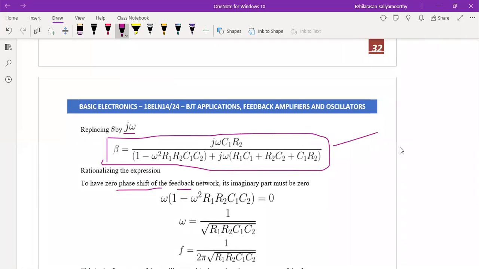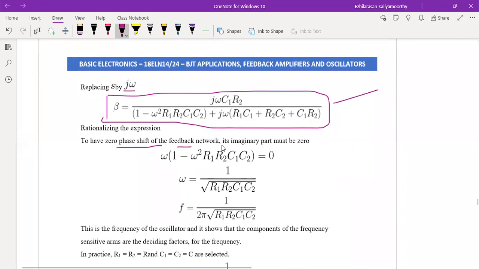After simplification, you need to separate the real term and the imaginary term. Then the imaginary part must be 0. This is our imaginary part. Make it equal to 0.